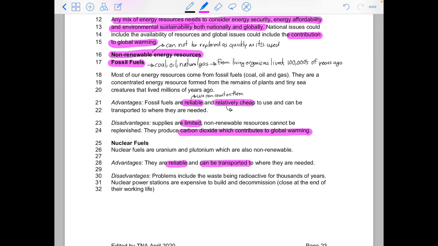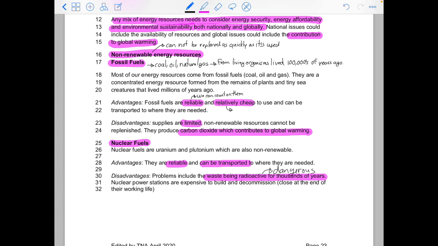The disadvantages, the problem with nuclear fuels, is that the waste is radioactive for thousands of years. So this is a dangerous issue. So we can't just put it in a landfill somewhere.